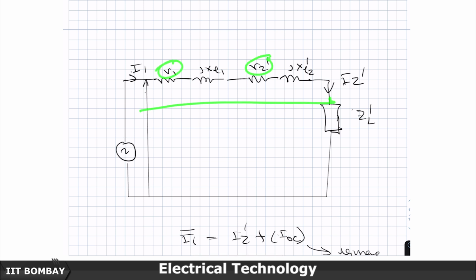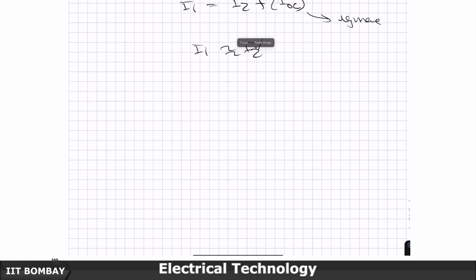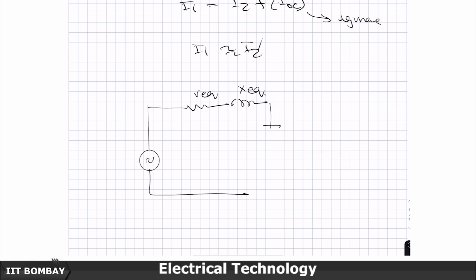Now, you can write R 1 plus R 2 dash together, j X L 1 plus j X L 2 dash together, and so you get R equivalent for the net resistance that is interposed by the transformer windings, X equivalent for the net leakage impedance which is interposed by the transformer winding, and a ZL dash, the load which is created here.